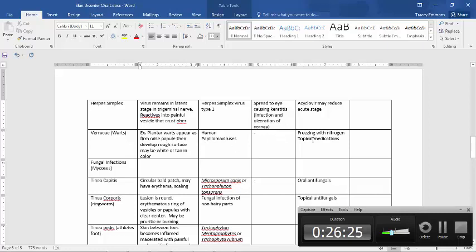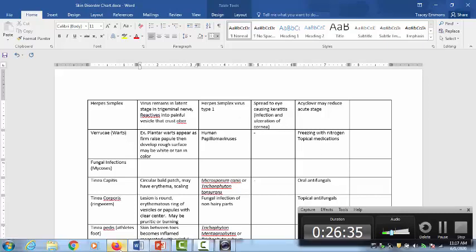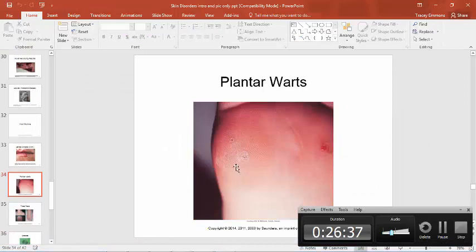Treatment includes freezing with nitrogen, or topical medications where it burns out that damaged papule. Now let's see. Here we go. Here's one. Here's another one. Looks like that one over there may have been treated.